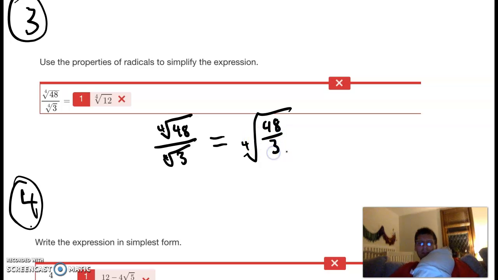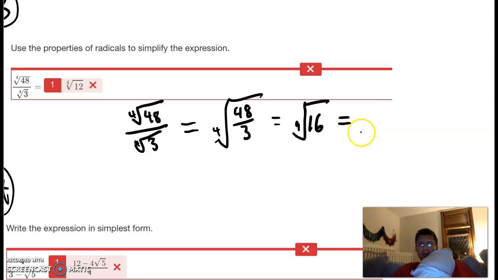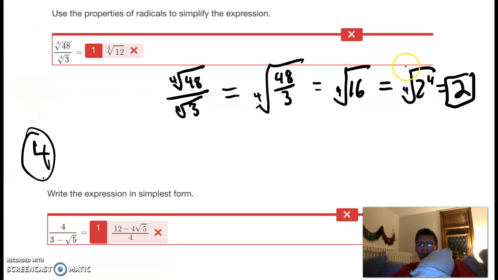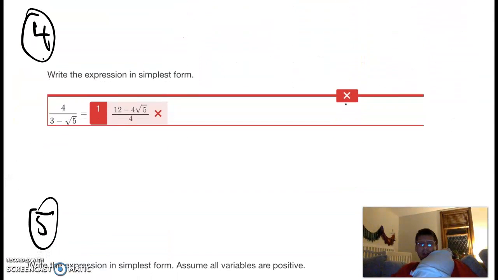And if I'm not mistaken, 48 over 3 is actually 16. And the 4th root of 16 is the 4th root of 2 to the 4th, which would just be 2. You could have done the 4th root of 16 in your calculator to see that.